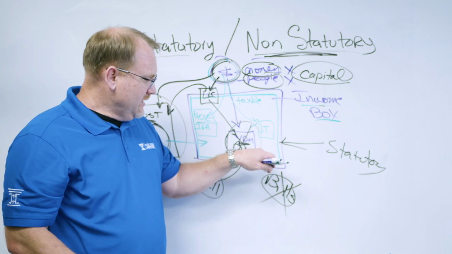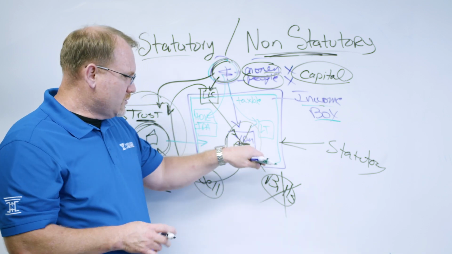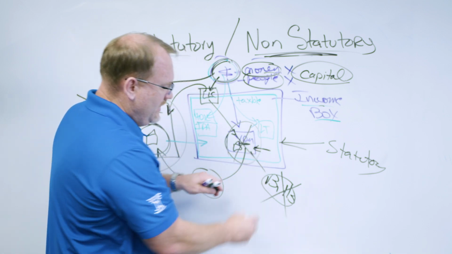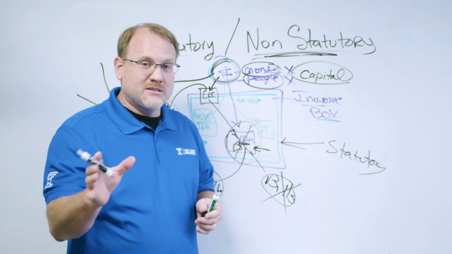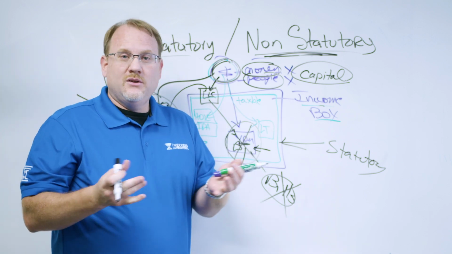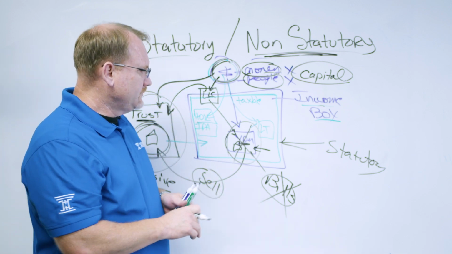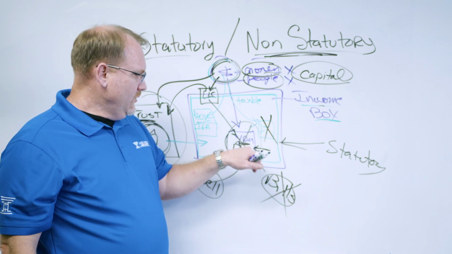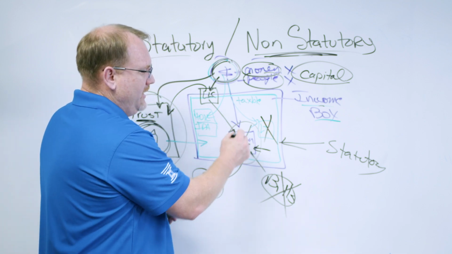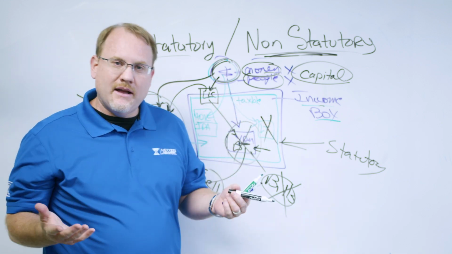Why? This is building your castle in the sand. If you try to create wealth here and build your wealth here, this personal estate dies when you die. That's why you need a will or a trust. Most people get a living trust. The problem is you've got no benefits. So why put your wealth here? Why take all the income into this income box when you don't have to?